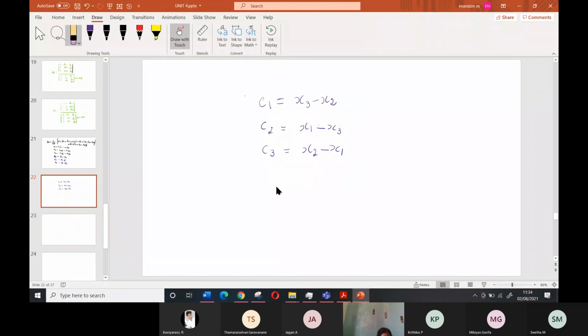So n1 is equal to 1 by 2 delta into a1 plus b1x plus c1y.